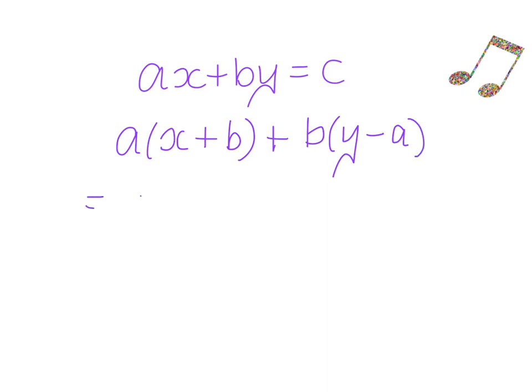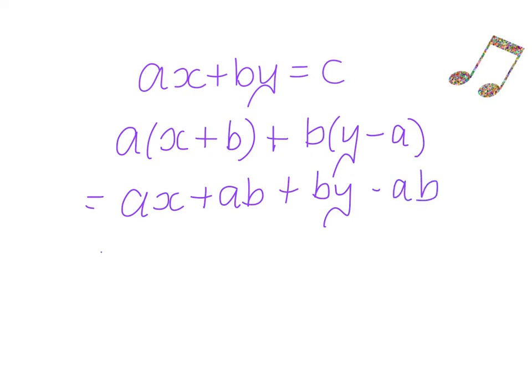When I expand those out, ax plus ab plus by minus ab, which means that I'm left with ax plus by, which we know is equal to c. So the key is in this part here, where these are always going to cancel out. And again, that could be multiples of.